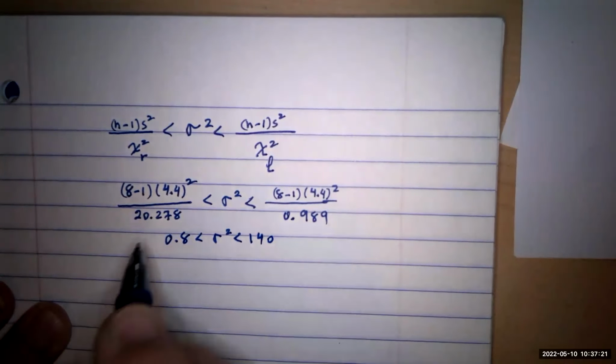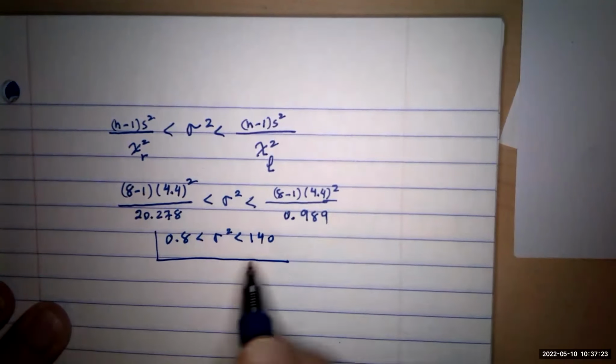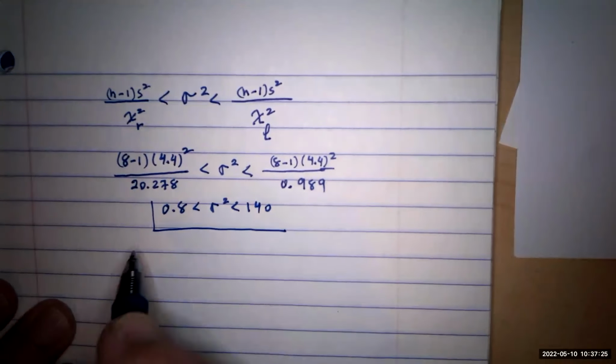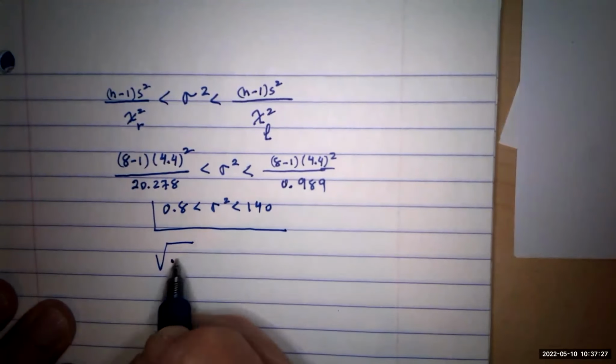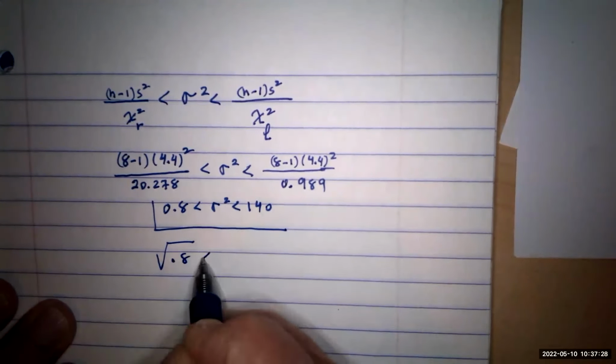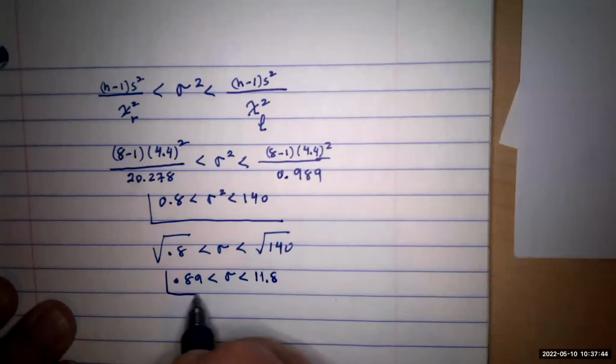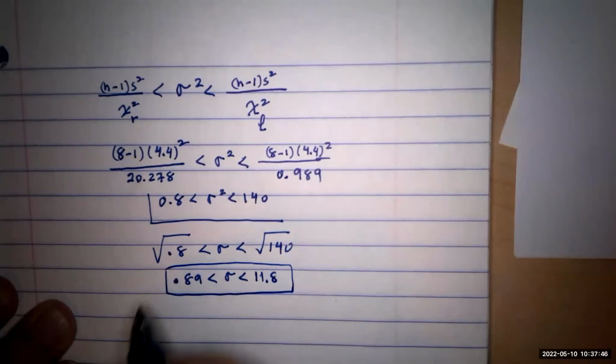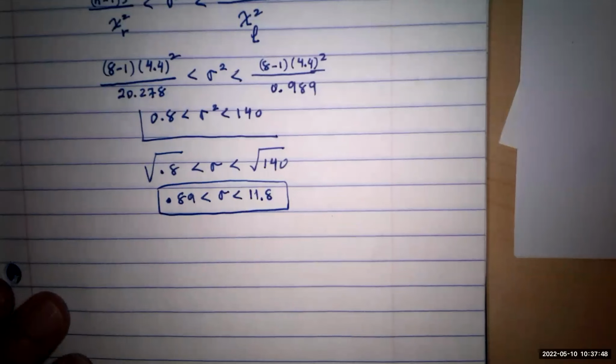So that's for the variance, but we are interested in standard deviation. Take the square root, so that gives 0.89 less than sigma less than 11.8. So this would be the answer to the question.